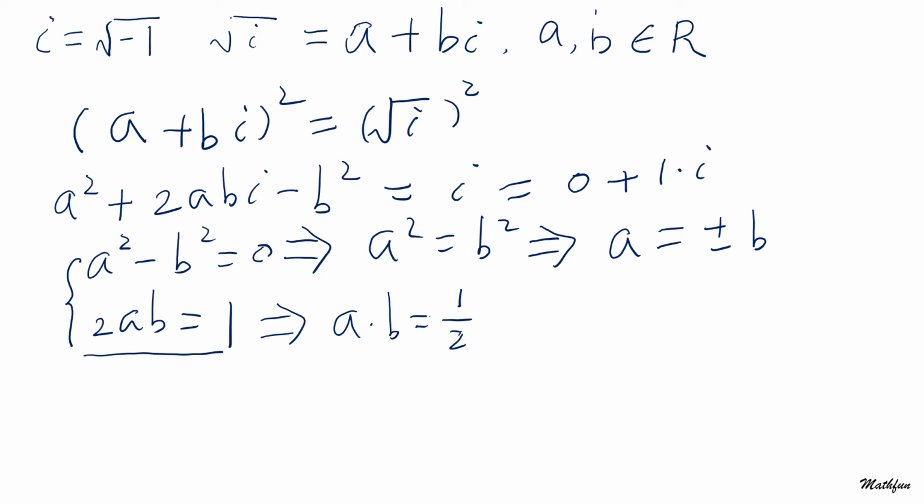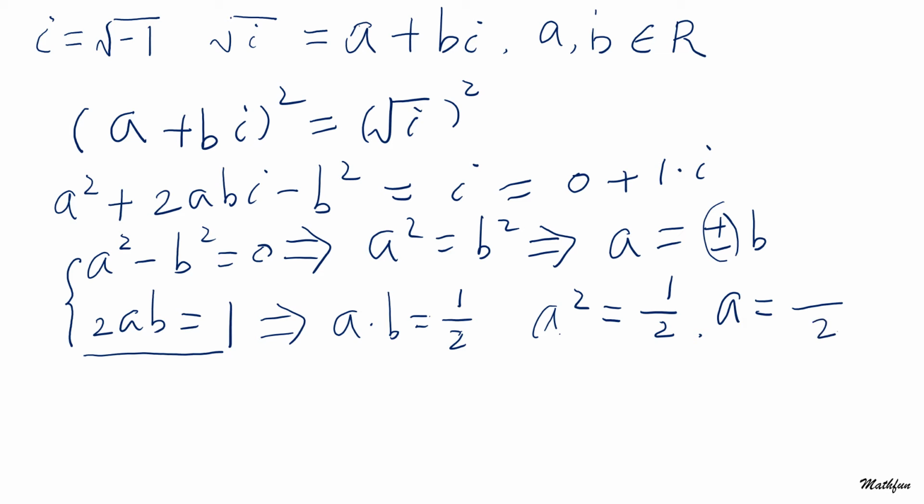But remember, we already said a and b are both positive or both negative, which means they could not be plus or minus. So a has to equal b. So that means a squared equals a half.